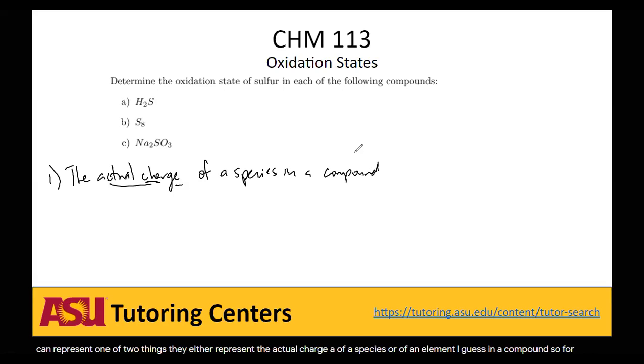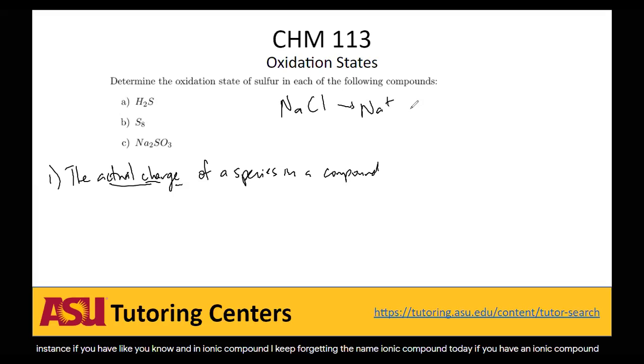So for instance, if you have an ionic compound such as sodium chloride, we know if we were to break this apart, it's Na plus and a Cl minus. So we would say the oxidation number of sodium in this compound is +1 and of chlorine is -1, because those are the charges of the actual ions.